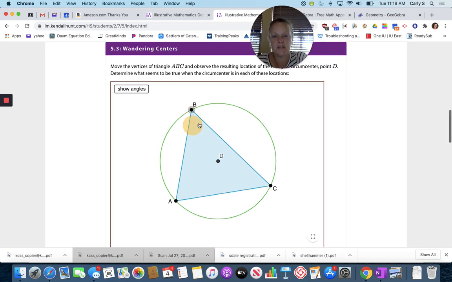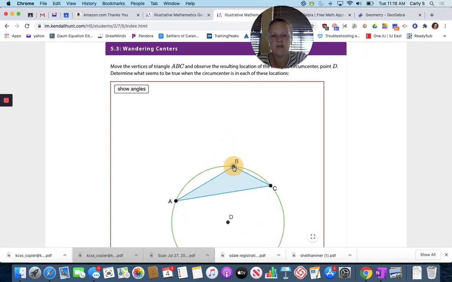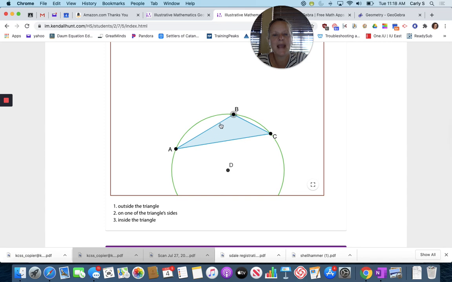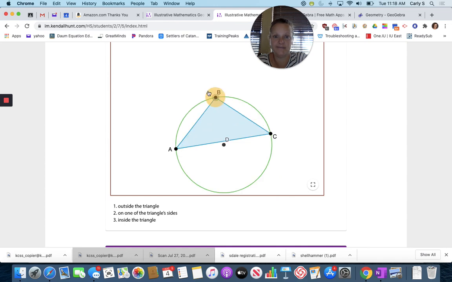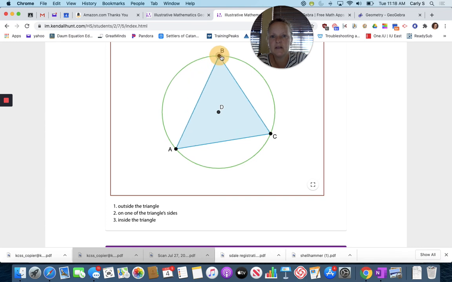So it's the circumcenter. If we make angle B obtuse, D is on the outside of the triangle. If we make the angle acute, a little angle, definitely acute, D is on the inside of the triangle.